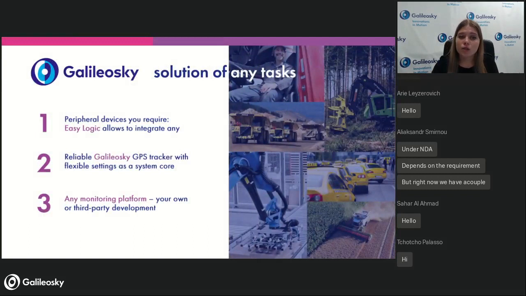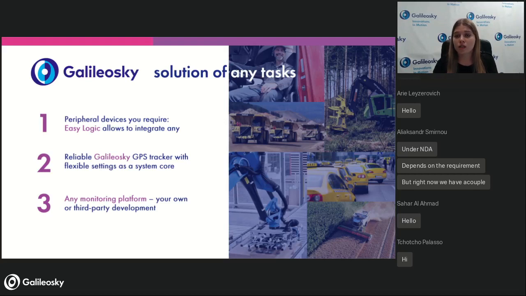Any solution will consist of three components. First, a peripheral which is required for your tasks. Our EasyLogic technology, as I already mentioned, allows to integrate any device, no matter how specific it is. The second is a software solution. You can use any monitoring platform from those already integrated, or even create your own if it's required for a project. Our server exchange protocol is open and the same for all our devices.